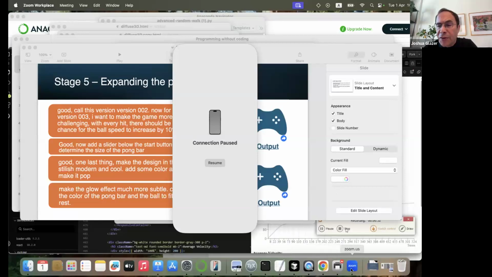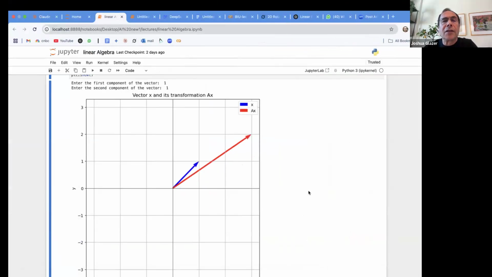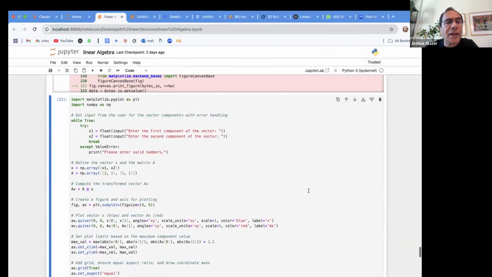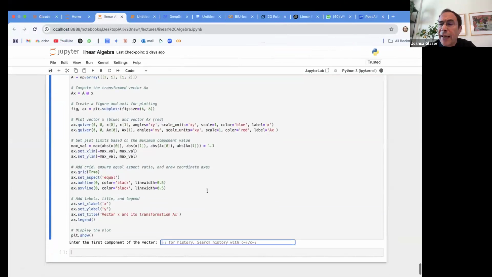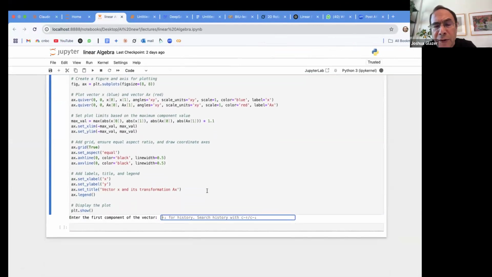But let me just return to the original matrix. I think it was 2 here, right? Okay. So what I'll ask you to do is just ask for a vector. What vector would you like to see? Give me components that you would like me to enter.